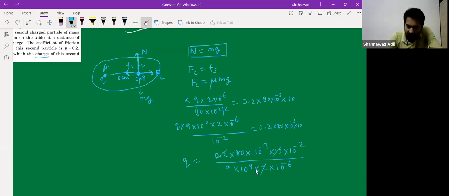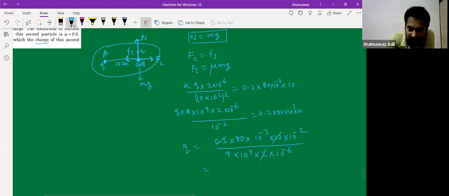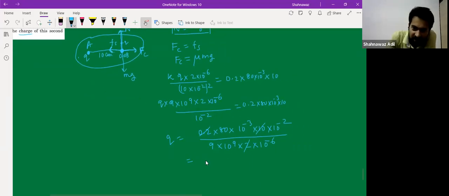And we have 9 and 6, which is 3, right? So this is how much? So 80 by 9 into 10 to the power minus 5 into 10 to the power 3 and minus 3. So 80 by 9 into 10 to the power minus 8. Okay, guys.